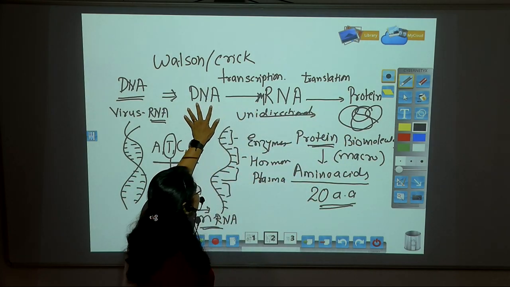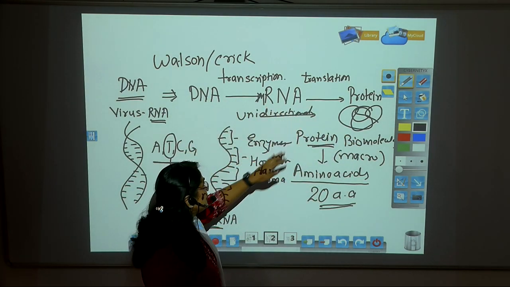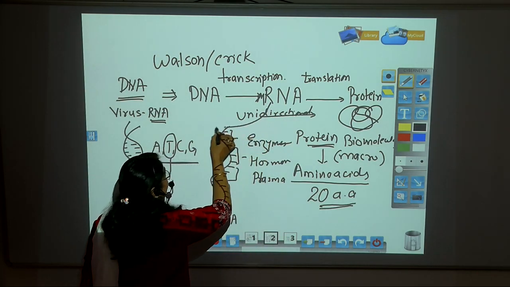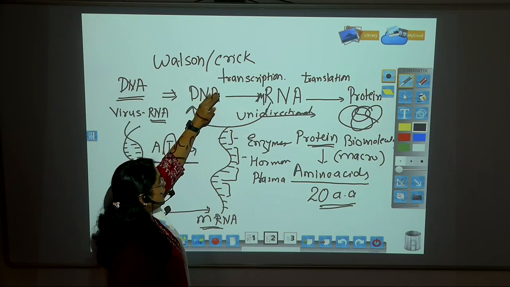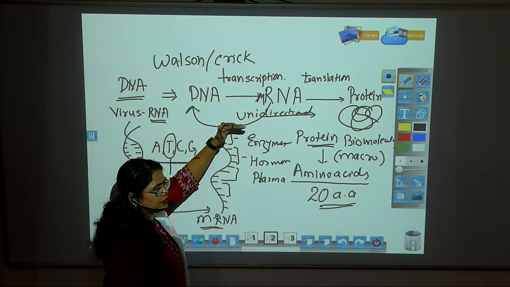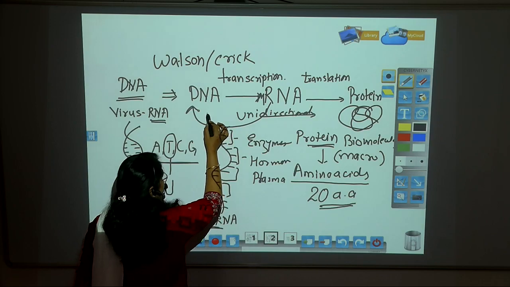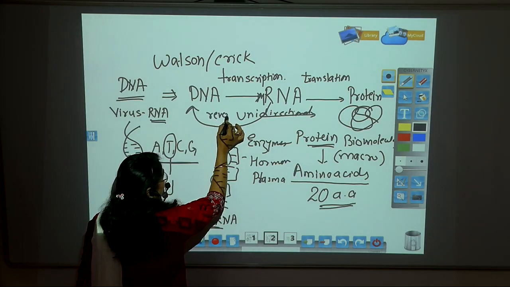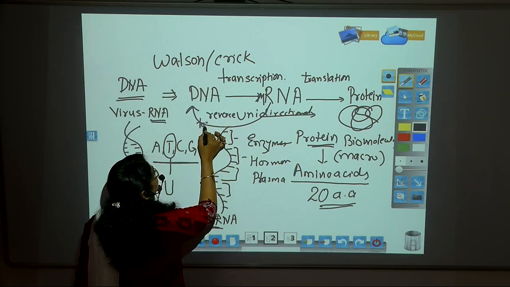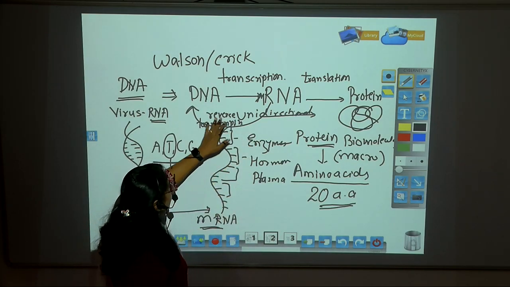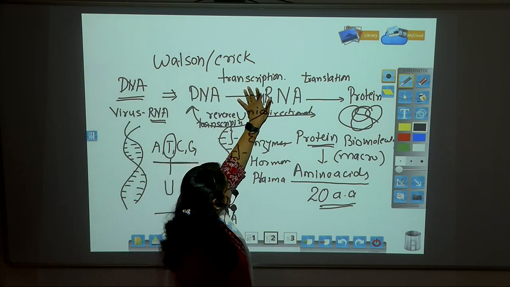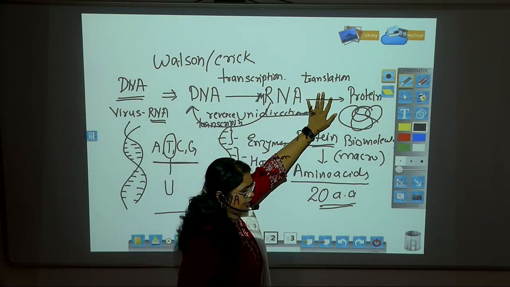It should always come from the DNA, and hence the RNA will be reverse transcribed to DNA, and then transcription and translation will be carried out.